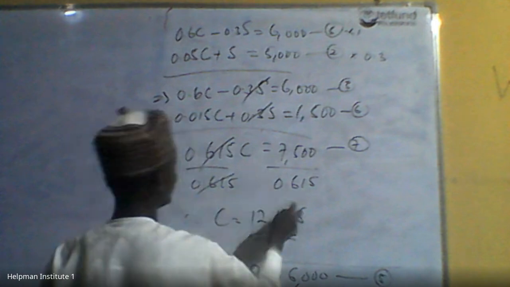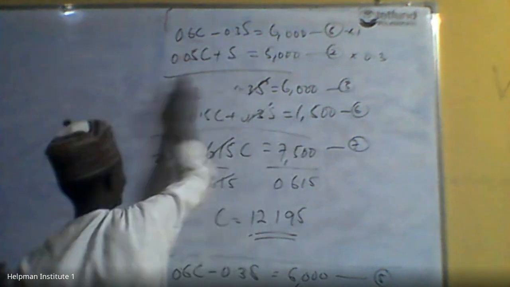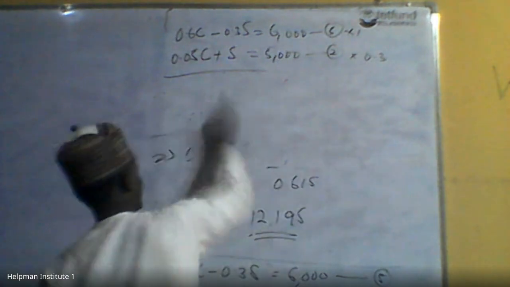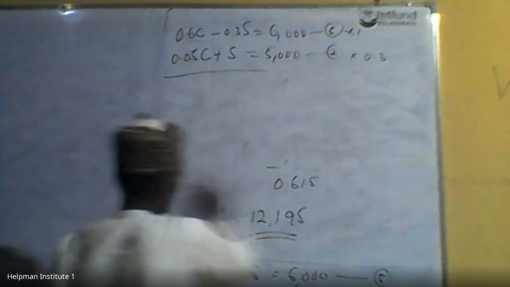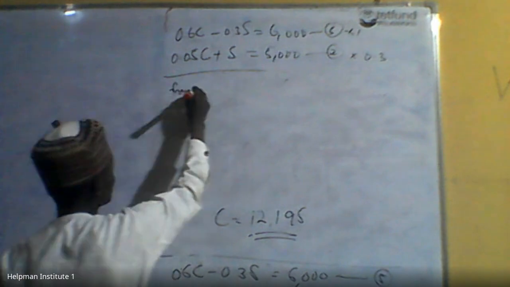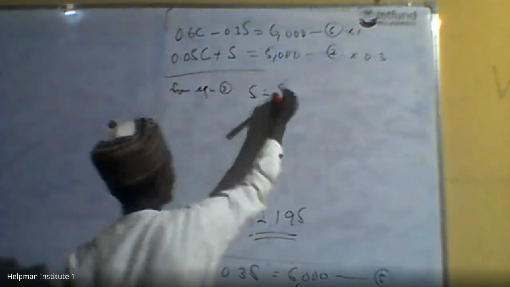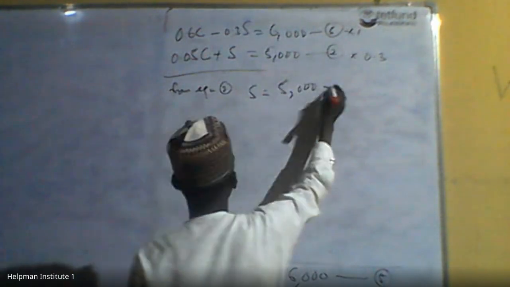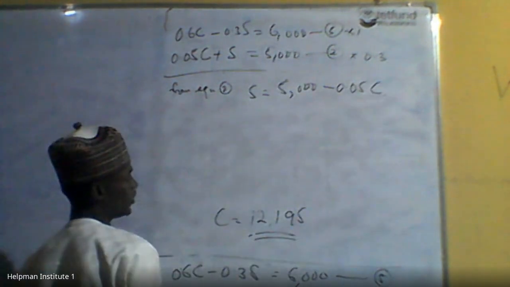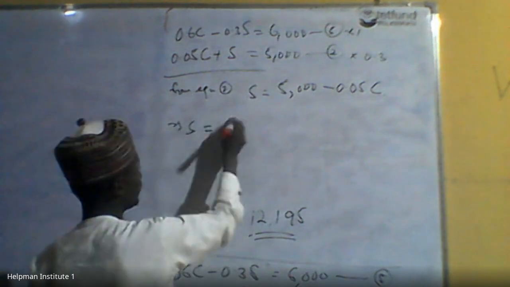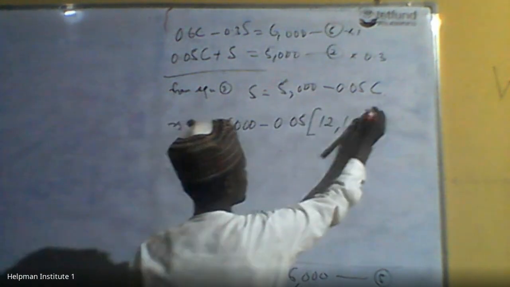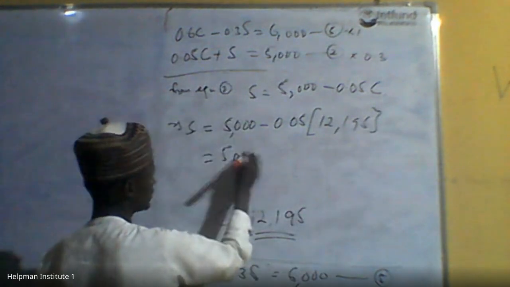So since we know the value of c, we can substitute it back into equation 2. From equation 2, we have s equal to 5,000 minus 0.05c. But c equals 12,195. So s equals 5,000 minus 0.05 times 12,195.